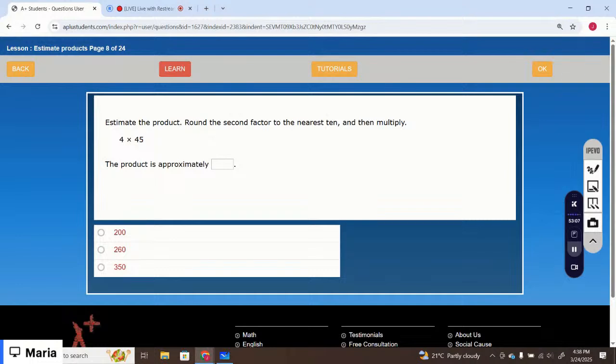Four times 45. So which is the correct option? Forty-five is rounded to 50.